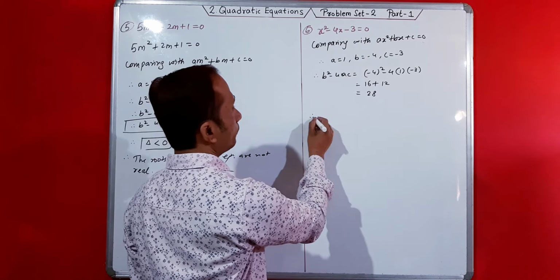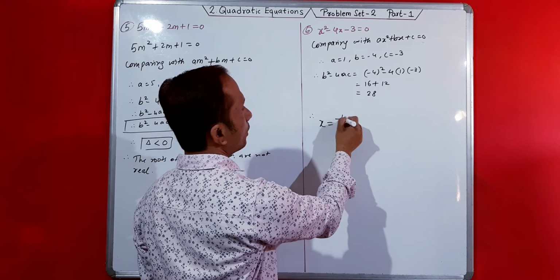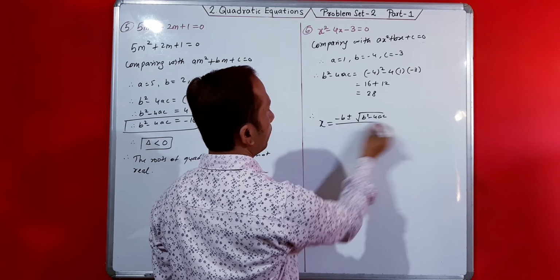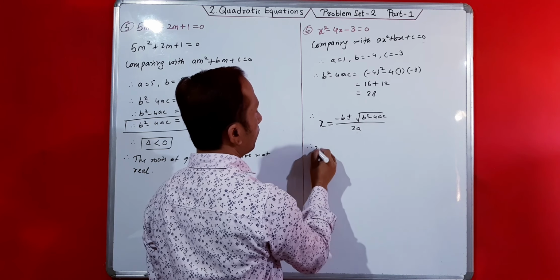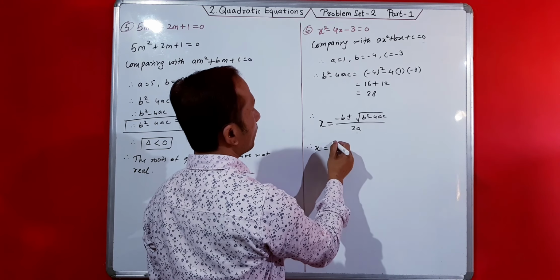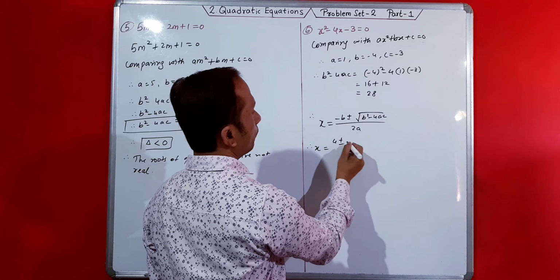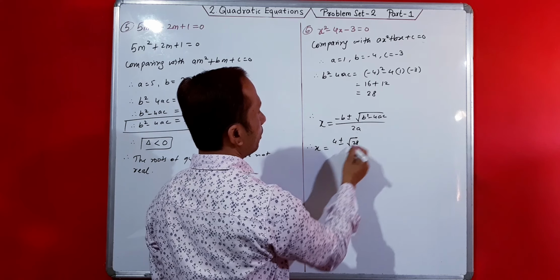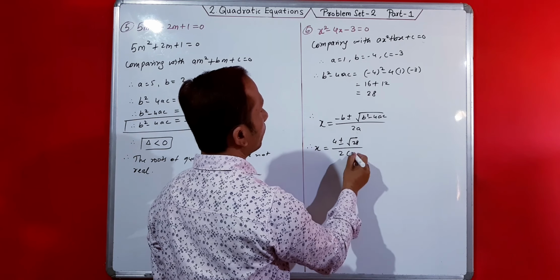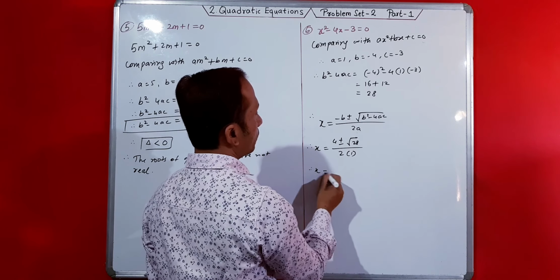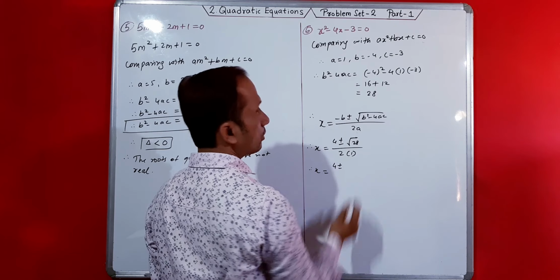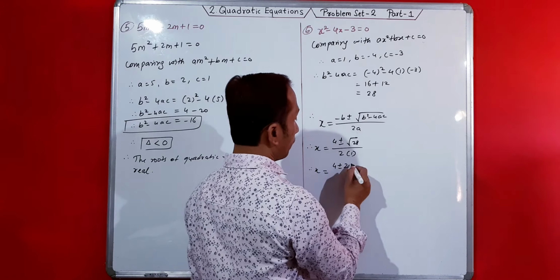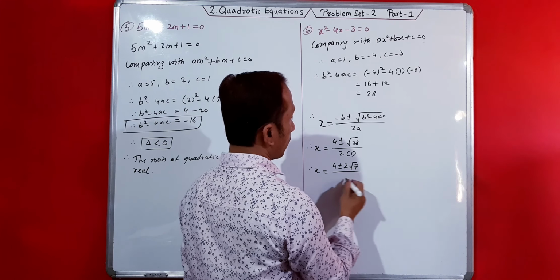Therefore x is equal to minus b plus minus root of b square minus 4ac divided by 2a. Therefore x is equal to minus minus 4, so plus 4, plus minus root 28, divided by 2 into 1. Therefore x is equal to 4 plus minus 4 sevens are, so I will take 2 out of the bracket and 7 will be there, and 2.